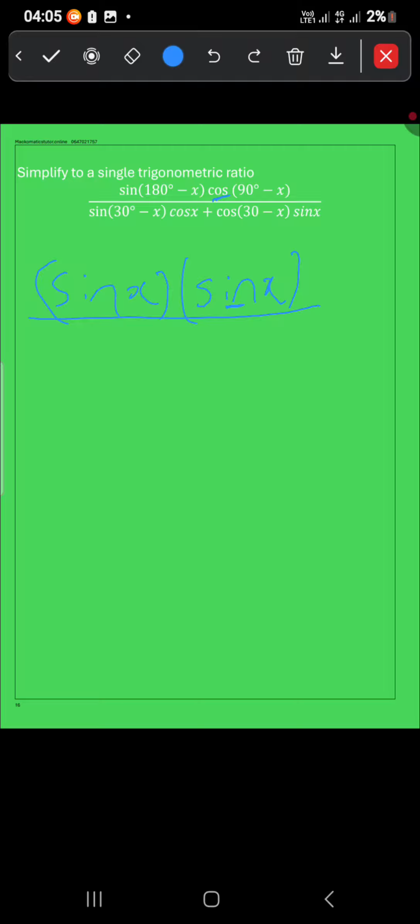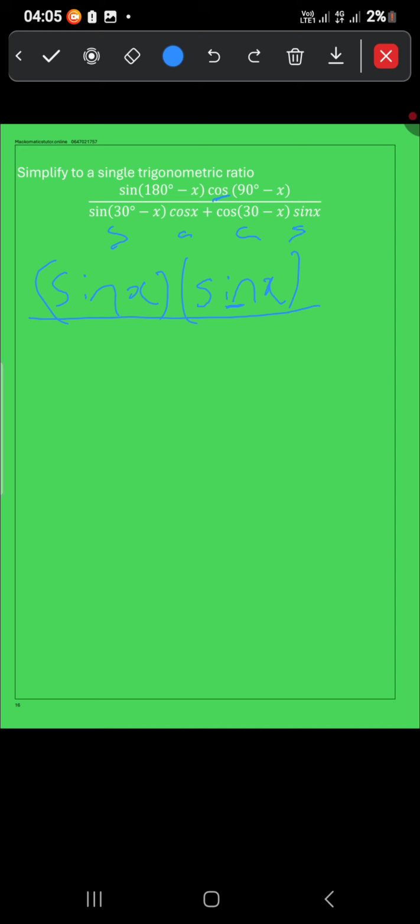Right at the bottom, you can't drop angles like 30. You only drop 180, 90 and 360, meaning they are the ones that you can simply make disappear. But these ones, you can't make them disappear. They are special angles. So here this is sine, cos, sine.